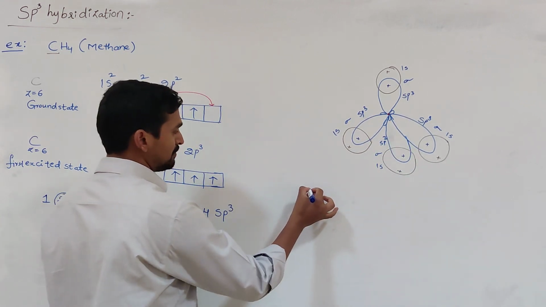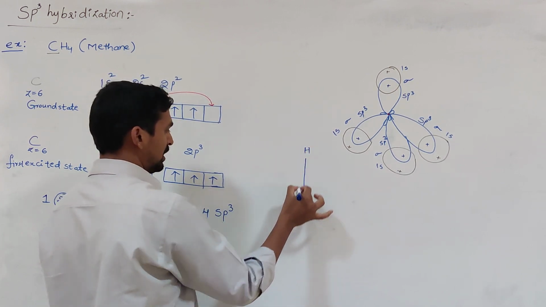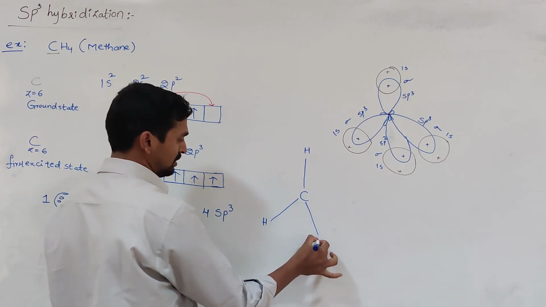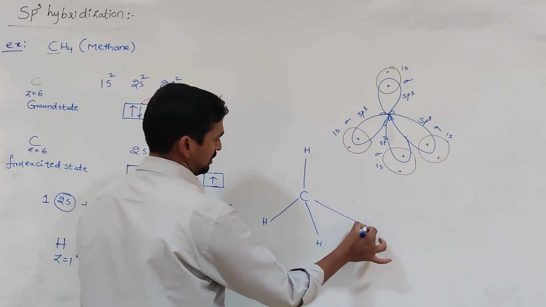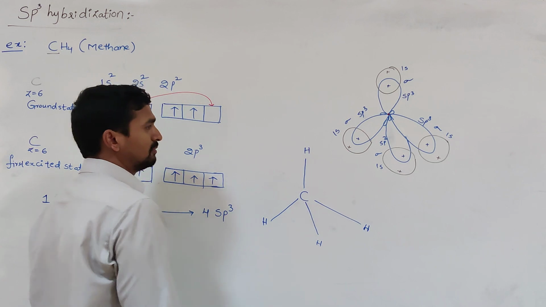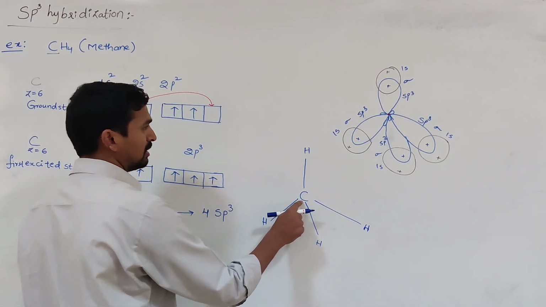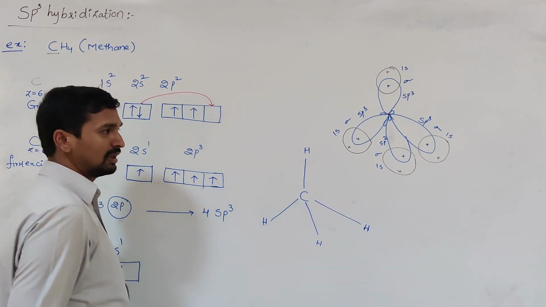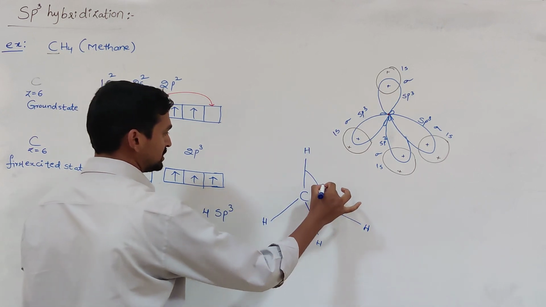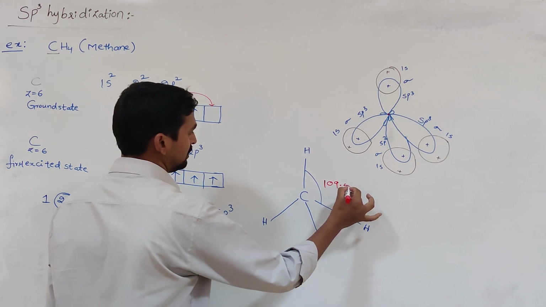So the carbon is surrounded by 4 hydrogen atoms in tetrahedral geometry. All the 4 are sigma bonds, formed by overlap of the sp3 hybrid orbital of carbon with the 1s orbital of hydrogen, and the HCH bond angle is found to be 109.5 degrees.